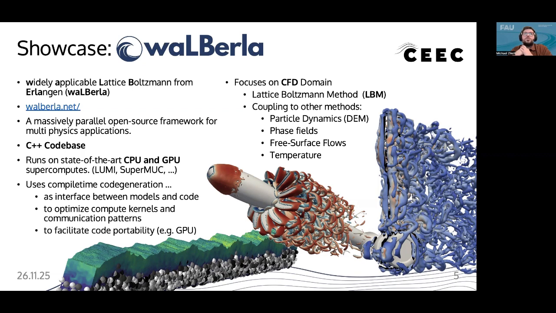This is accomplished by the use of code generation. With this, we improve the performance and we also make sure to have our code portable, for example, for GPUs. But the talk is not about the code generation part. This is really mainly about the core framework, waLBerla itself, and its CI.